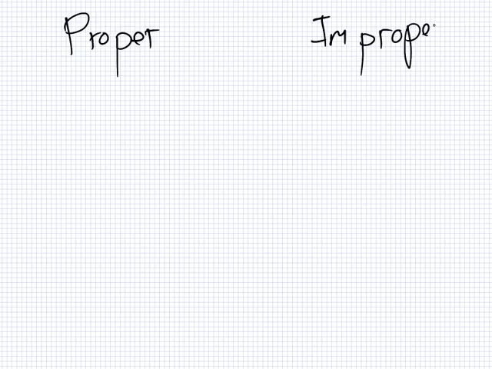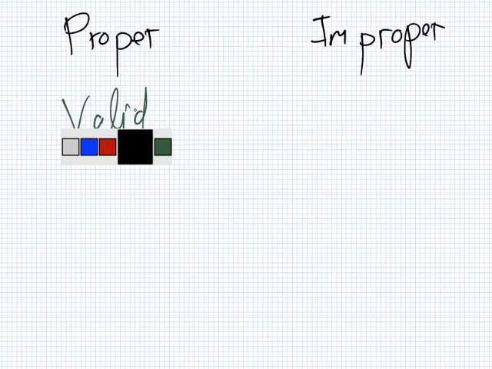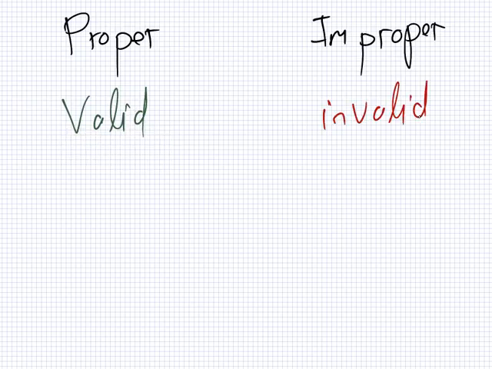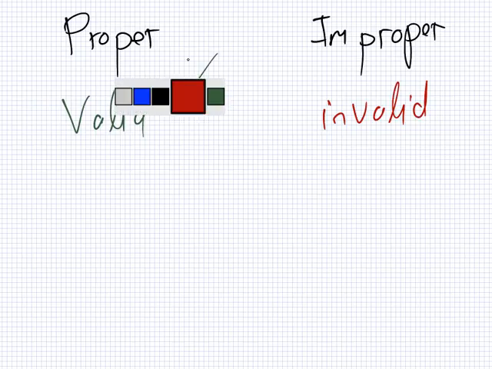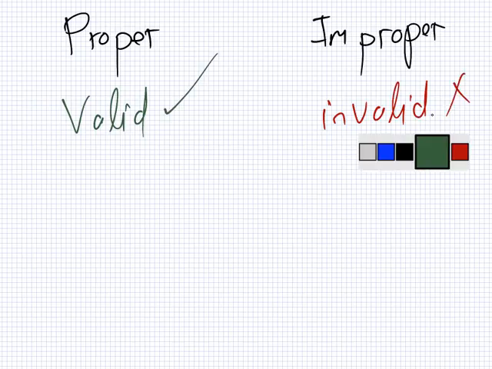We have what's called a proper and then an improper. Or another way of saying it is a valid and then an invalid integration, where this one is okay and this one is not. So I'll show you how you can tell from the beginning with an example.